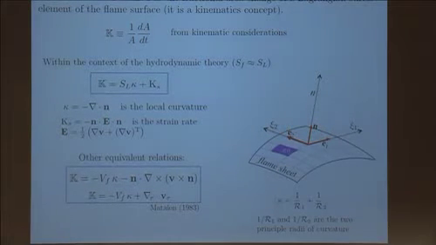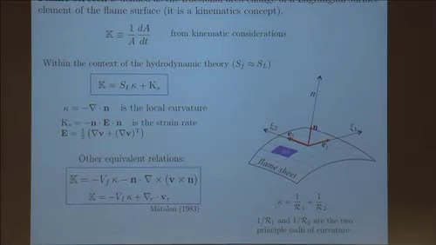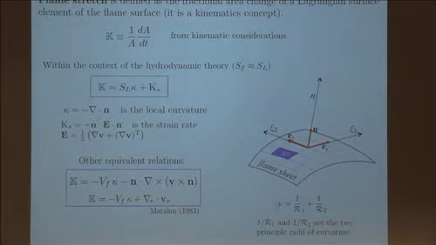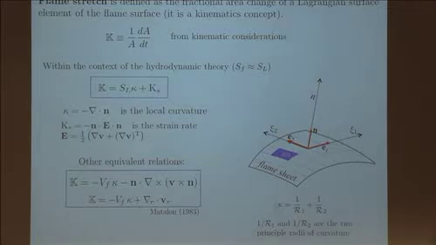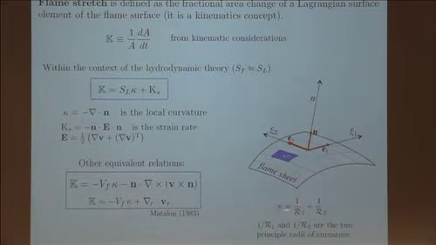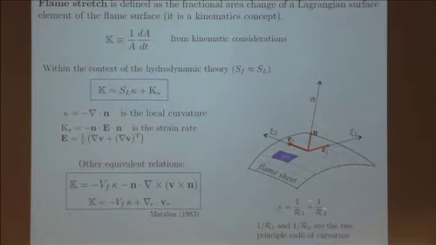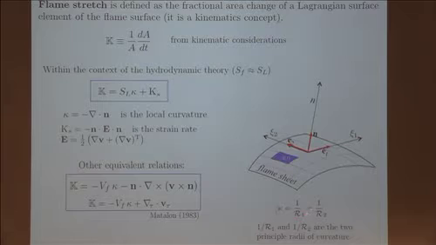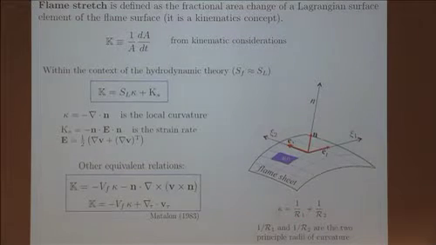Actually, it's really twice the mean curvature, but the term curvature is used for that. And it's equivalent, by the way, to kappa being equal to the sum of the reciprocals of the two principal radii of curvature.